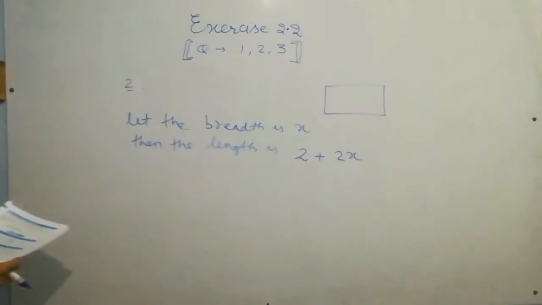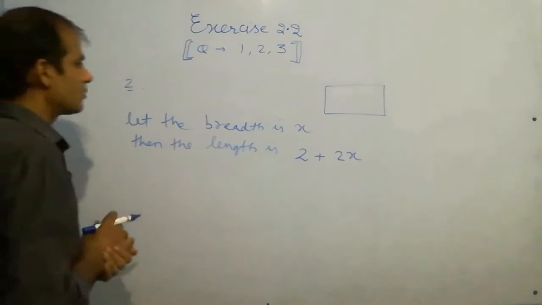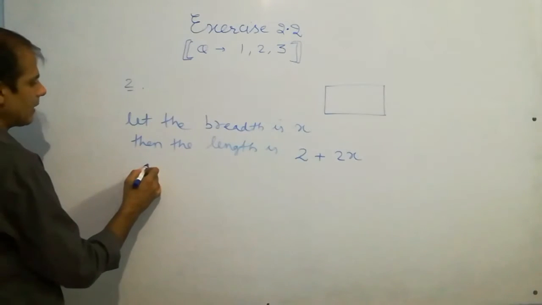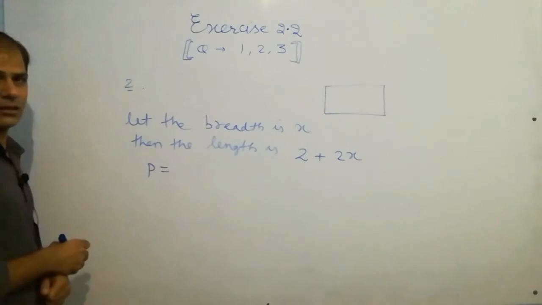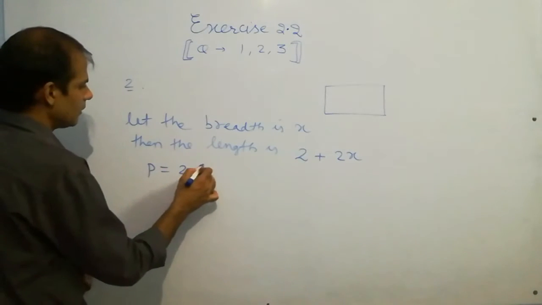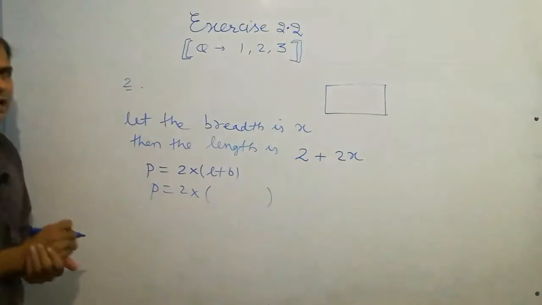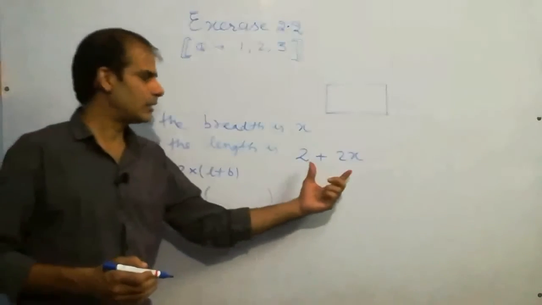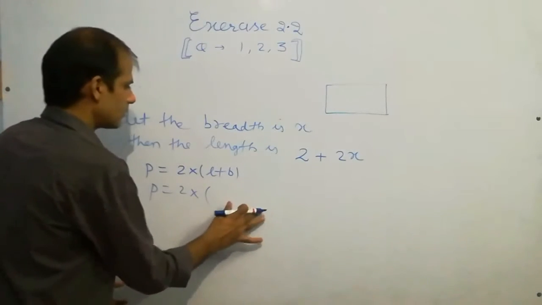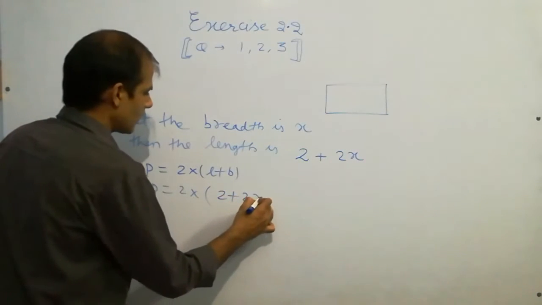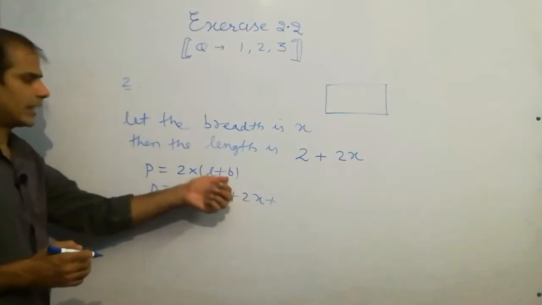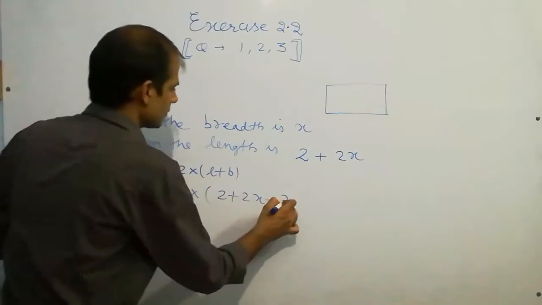Now the perimeter is 154 meter. So we will write P is the perimeter, that is 2 into (L plus B). So it is 2 into, what is L and B? You can see L is 2 plus 2x. What is B? That is breadth, breadth is x.